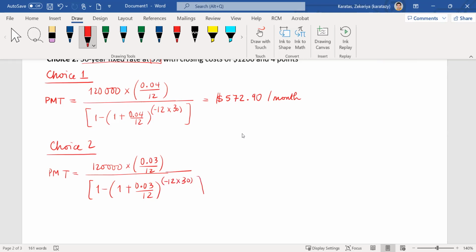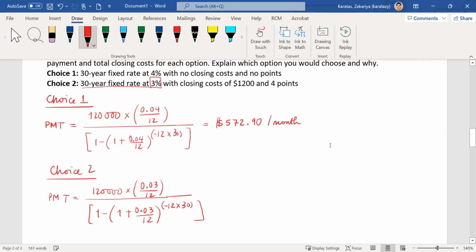So it's just the same thing, this portion, this part. If you compute this, it's going to be $505.92 per month. So that's what you pay for the mortgage.